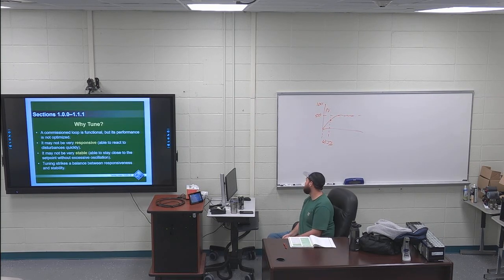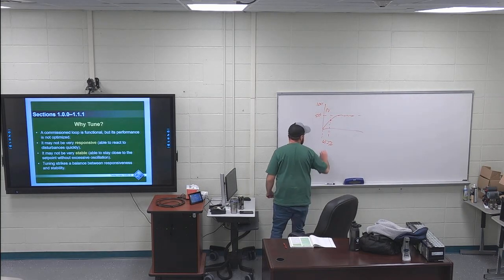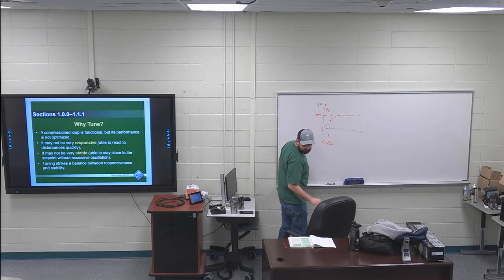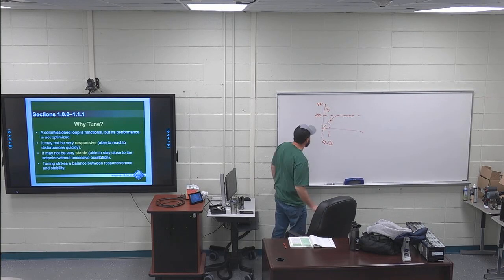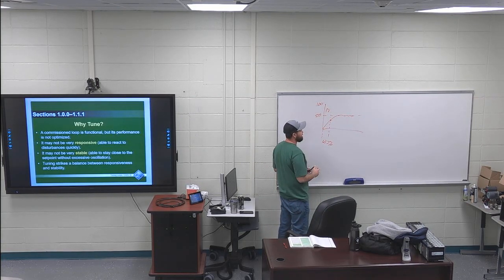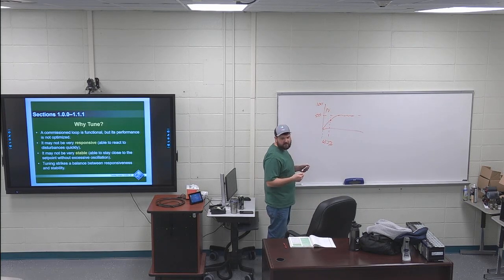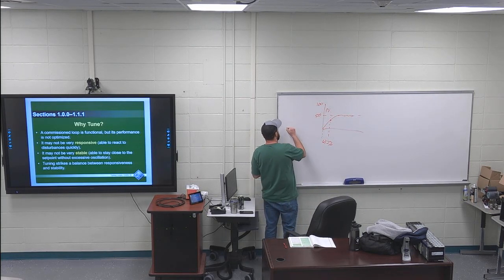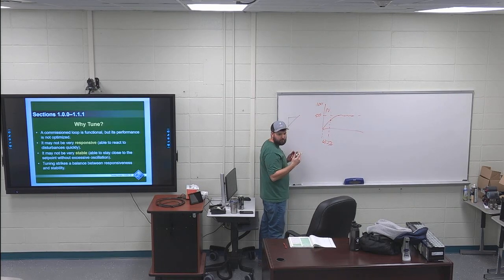Like I've said over and over again, if this was your normal curve to get to steady state, nice and smooth, and I increase my speed, usually that's increasing gain. If you remember from high school, gain is just your rise over your run, which is also your slope.